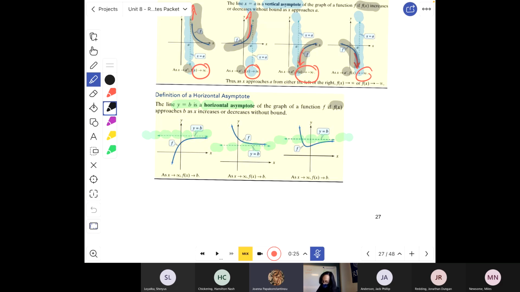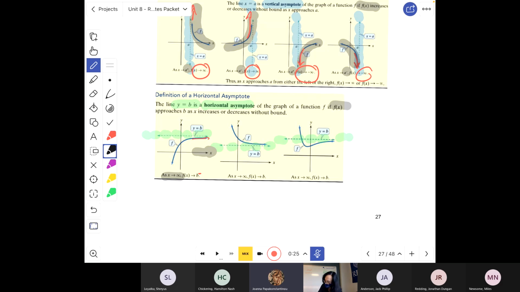So as x goes to infinity, so the right tail, where are we going? We're coming to y equals b. And I'm going to say from below. So we're approaching it from below. So I'm adding a little notation there.